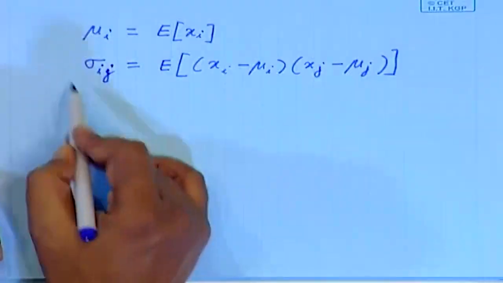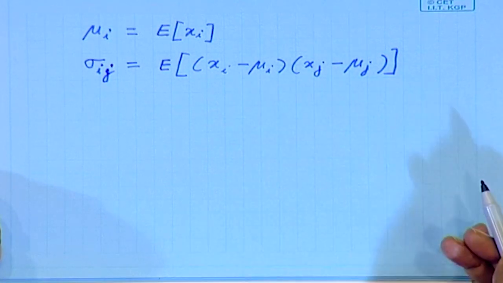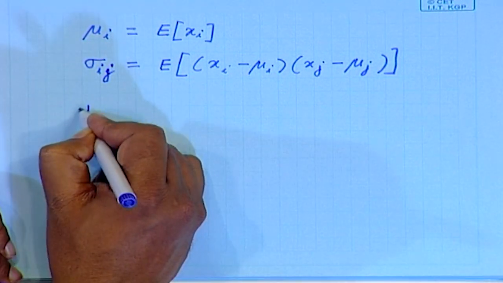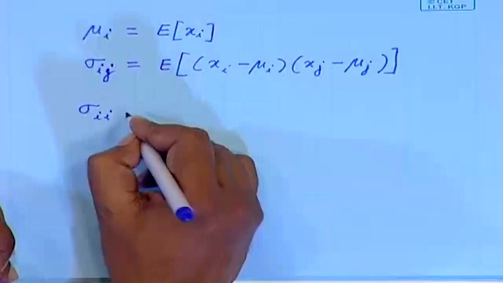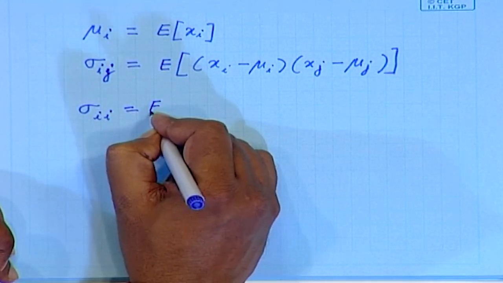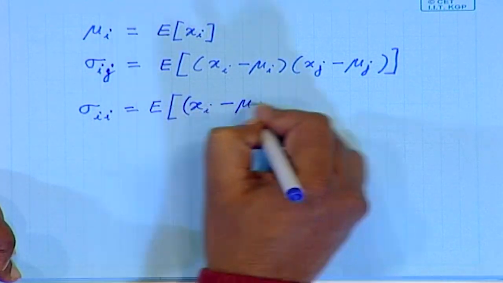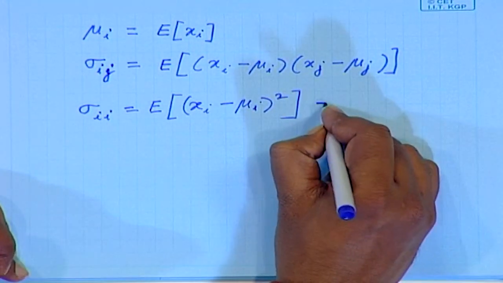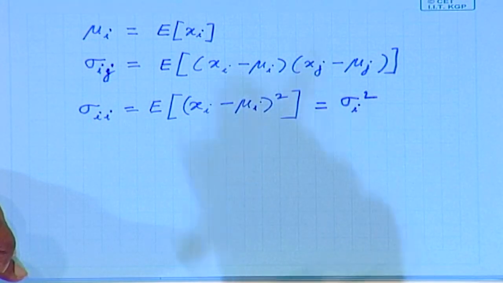And when I compute this sigma ij, the ijth component in my covariance matrix, it is given by this expression. Obviously, if I make i equal to j, then sigma ii, the components on the diagonal of the covariance matrix, simply becomes the expectation value of (xi minus mu i) square. This is nothing but sigma i square, which is the variance of the ith component of the feature vector.